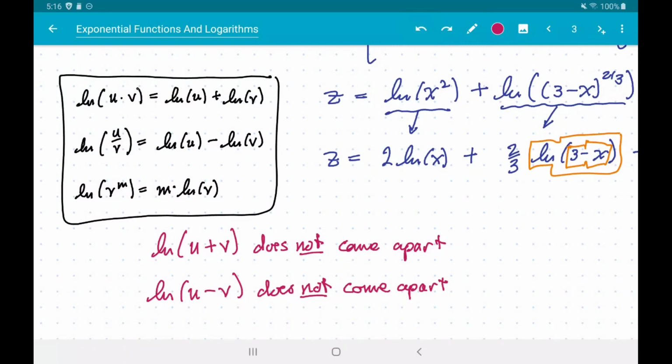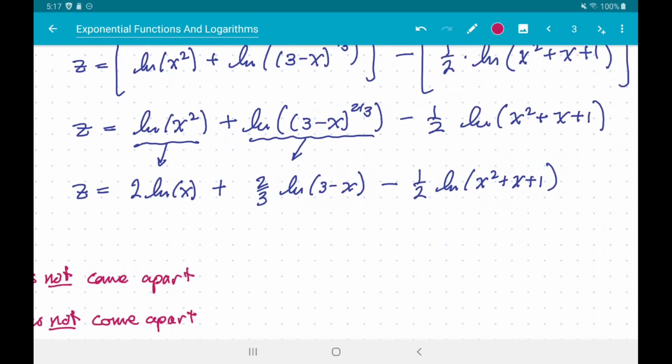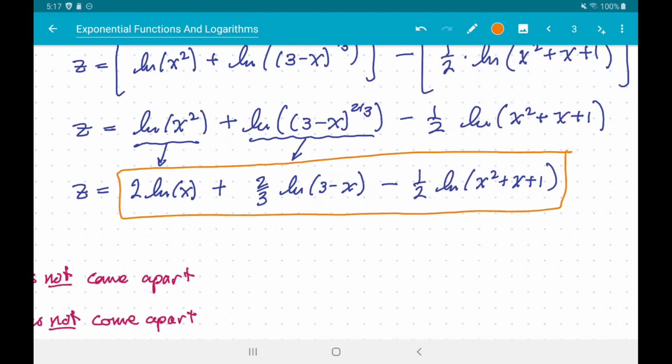But none of these rules have an ln applied to addition or ln applied to subtraction. It's just the case that with ln applied to addition and subtraction, there's just not much you can do. And so this formula that we've ended up with here is as simplified in the sense of take apart as we can do for this particular function z. And so this is what you would type into the electronic homework, for example.